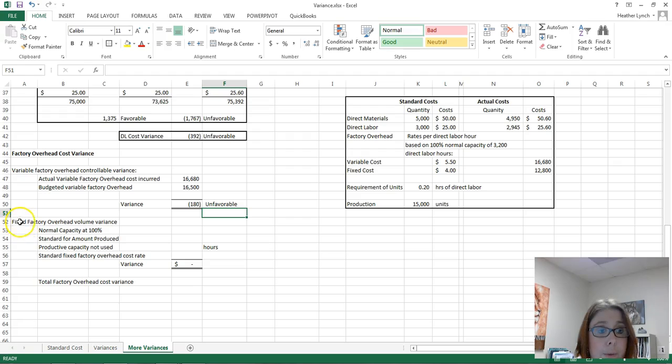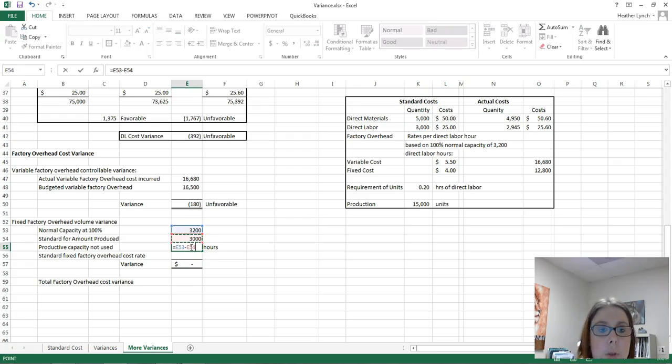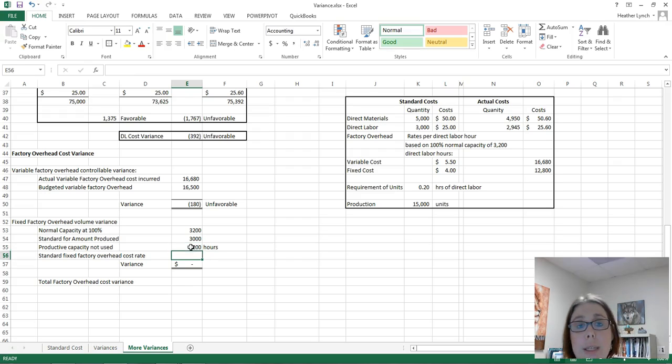So then let's look at fixed. Normal capacity at 100%. It shows that rate per direct labor hour based on 100% normal capacity of 3,200 hours. Standard for amount produced, we only used 3,000 hours. That's what we anticipated. Okay, we can take the difference between that. We're at 3,200 hours, we are at full capacity. We only used 3,000.